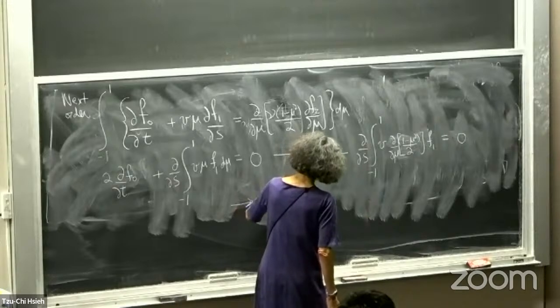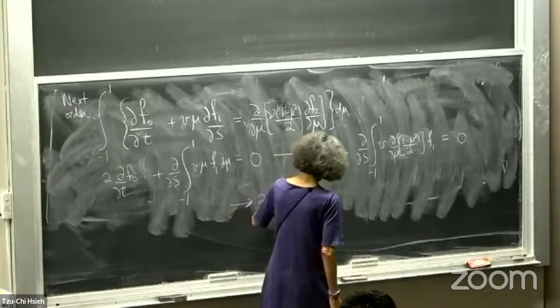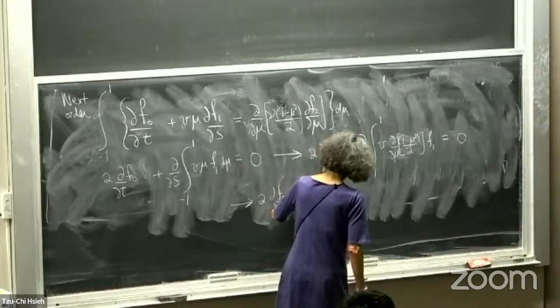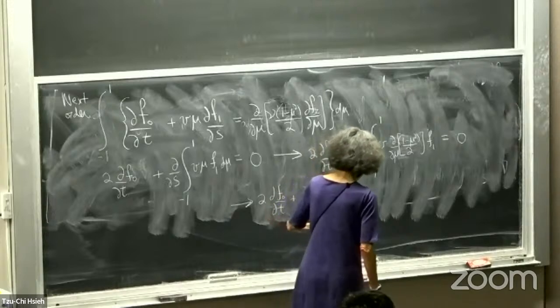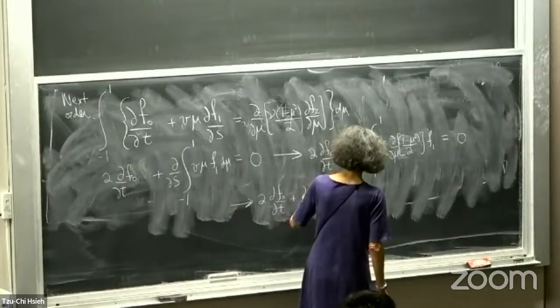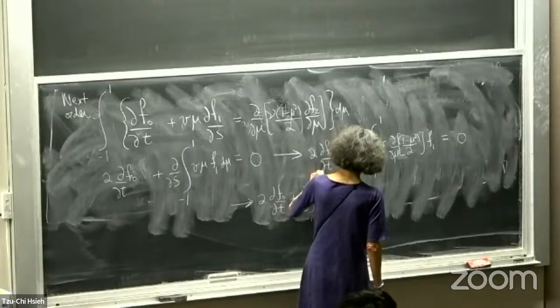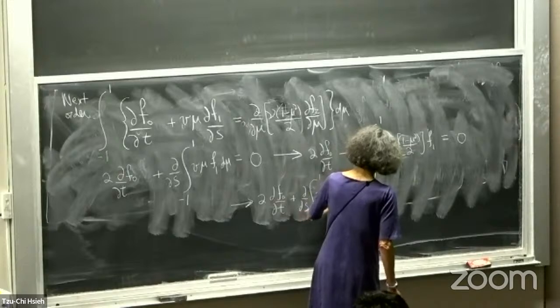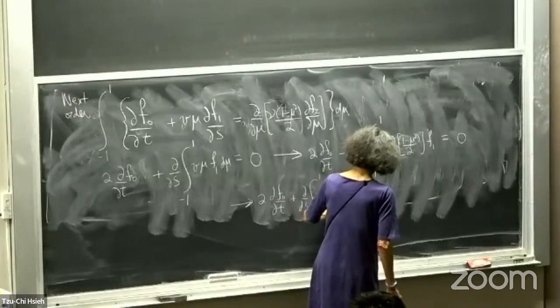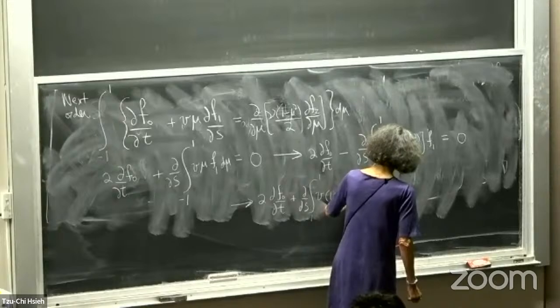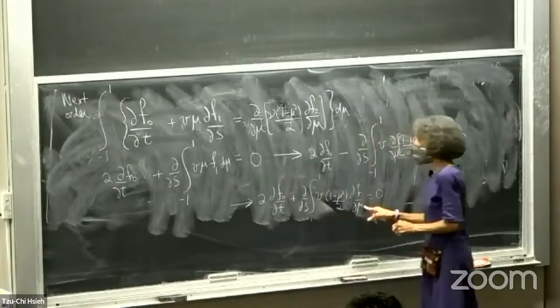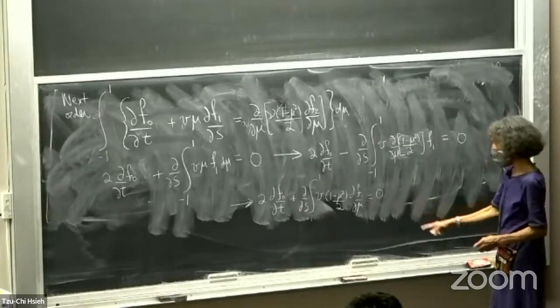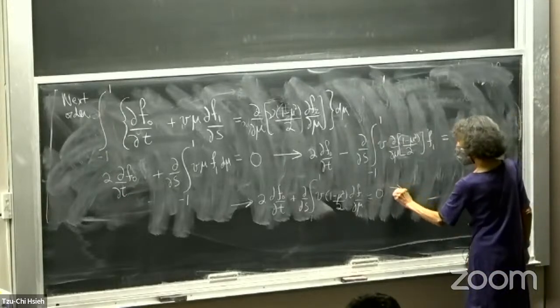2 dF0/dt plus d/ds integral -1 to 1 of v (1 minus mu squared)/2 dF1/dmu equals 0. So now I have dF1/dmu, and I do know what that is.